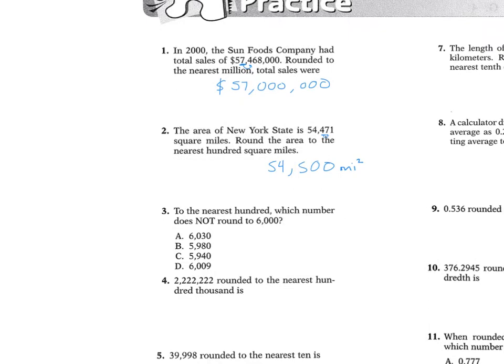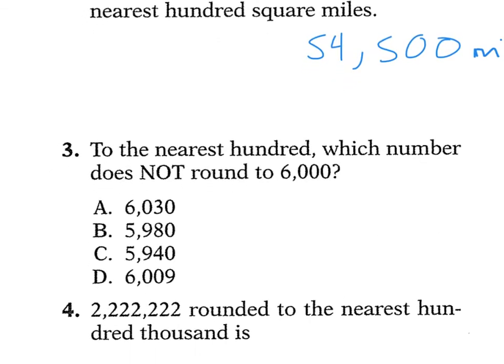Number 3, to the nearest 100, which number does not round to 6,000? So A would round to 6,000. We're looking at the nearest 100 place, so this place here. B rounds to 6,000.